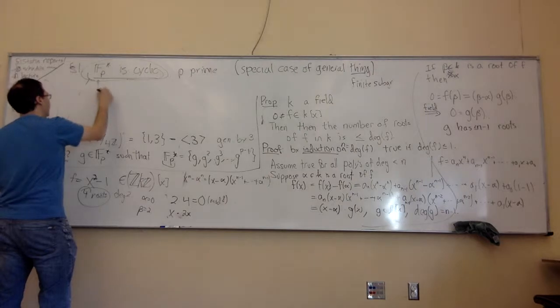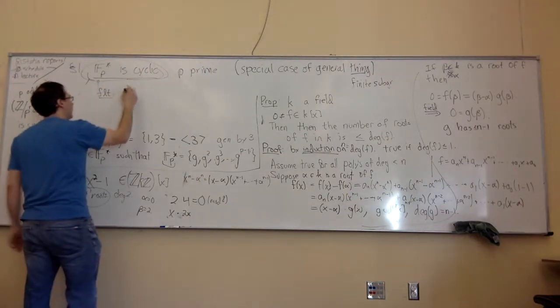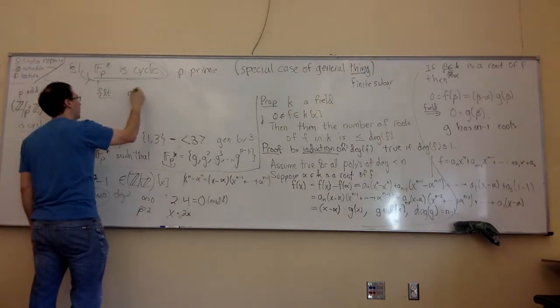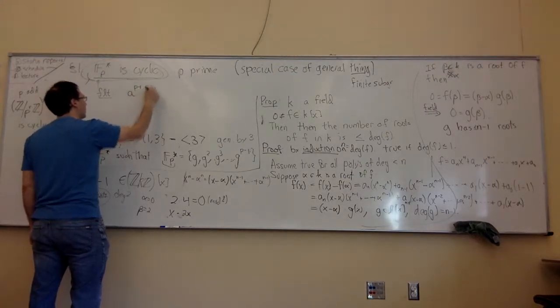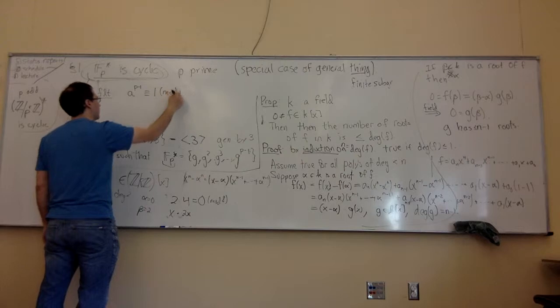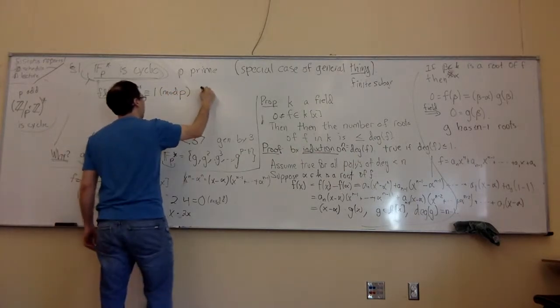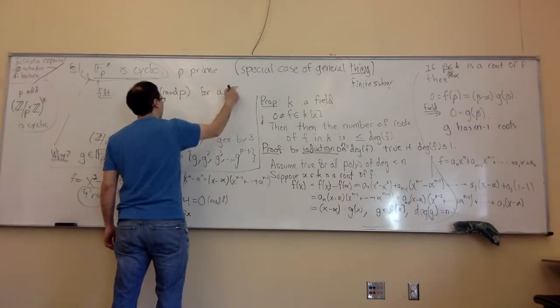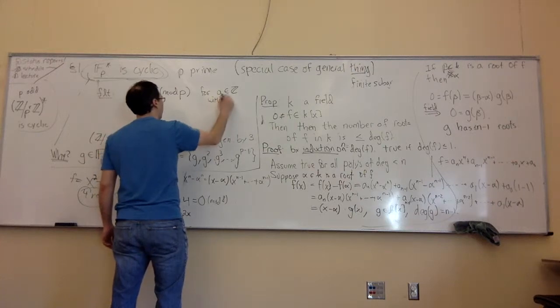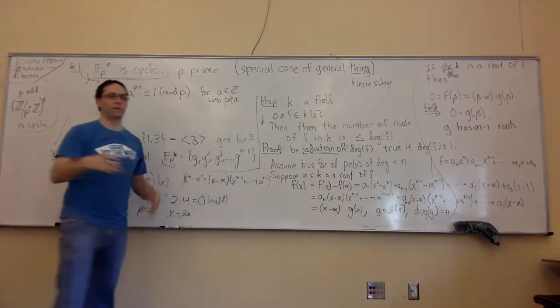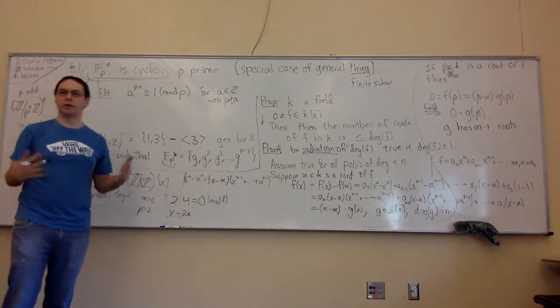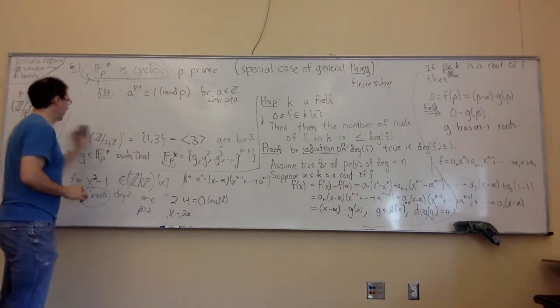FLT tells us that if you take an element a and raise it to the power of p minus 1, it's congruent to 1 mod p, assuming it's not divisible by p. So this is for any integer a with p not dividing a. Okay, remember that from a long time ago? So you have that. And what does that tell you?